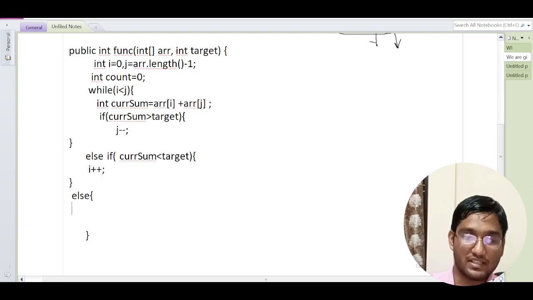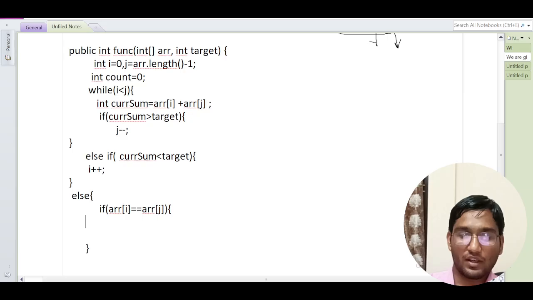Else, what happens in this case is we have achieved the current sum equal to target only. If the current sum is equal to target, there are 2 possibilities. The first possibility is that array of i is equal to array of j. In that case, we need to think about the length.